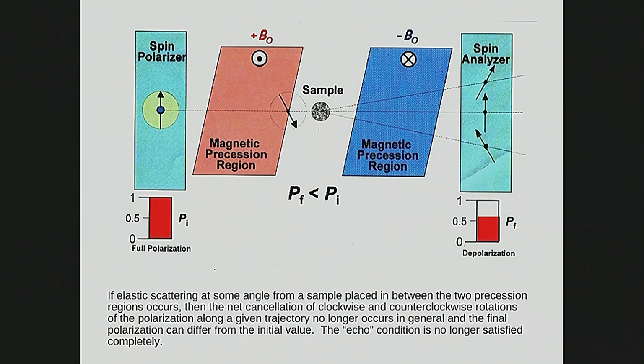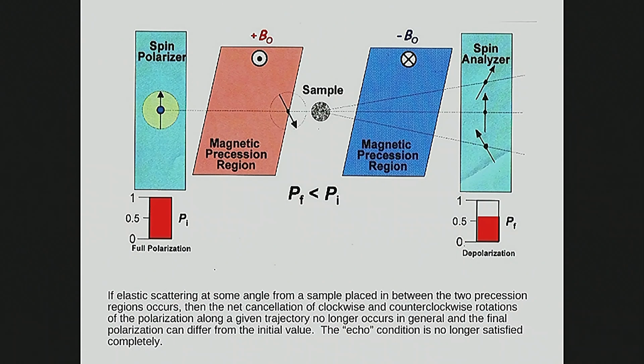And the degree to which that polarization changes is a very, very accurate measure of how much that path length changed. Now, the path length can change by another mechanism. This path length changed because the sample just elastically scattered it up or down.